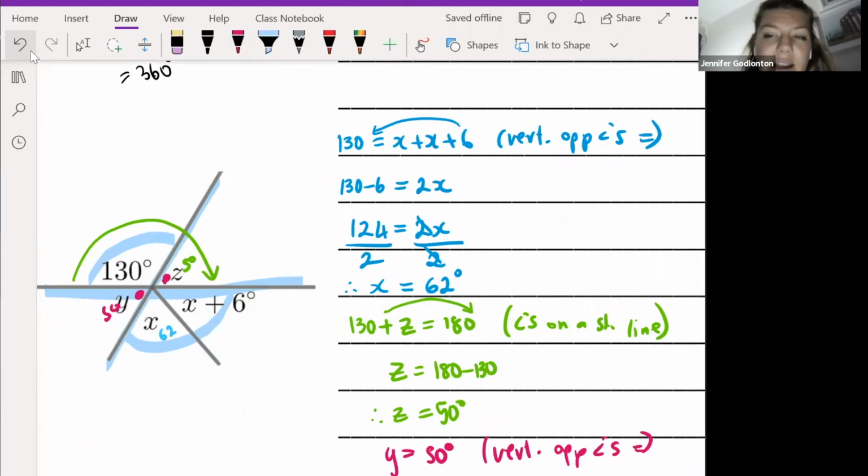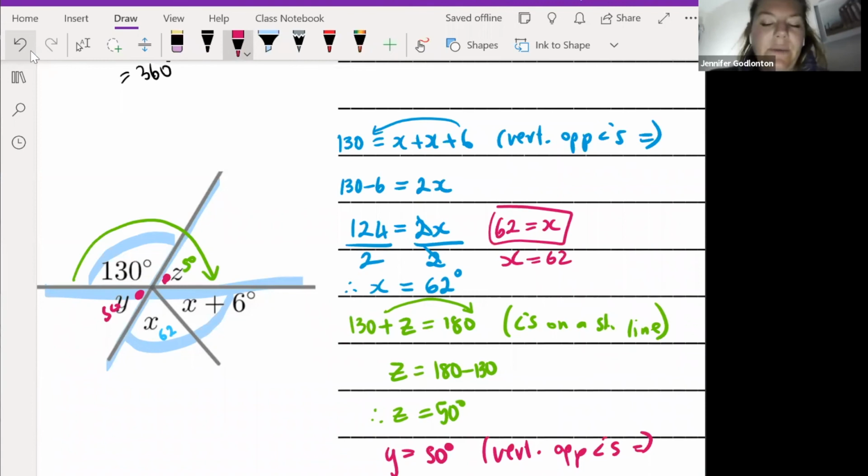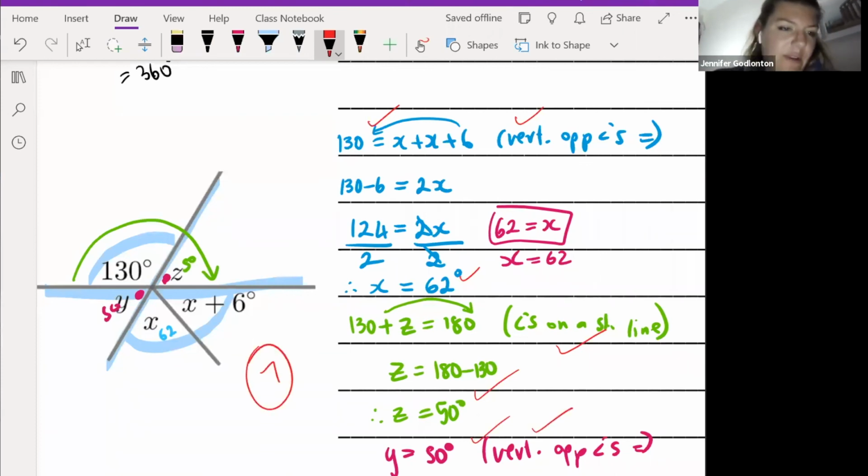Here, if I had left it like this, I would have had 62 is equal to x. I'm allowed to write that the other way around if I want to, and that would still be fine. If I do the marks, you would get 1, 2, 3, probably only 2 there and only 2 there, so it would be out of 7. A question like this.